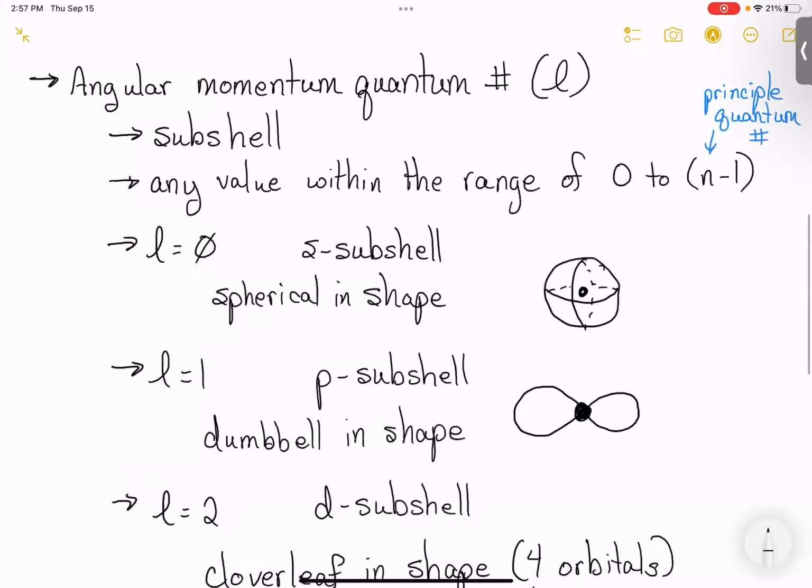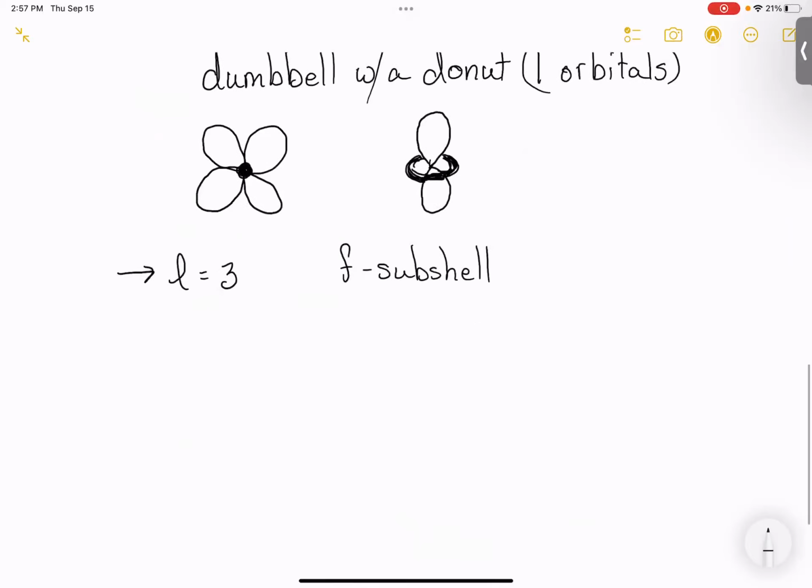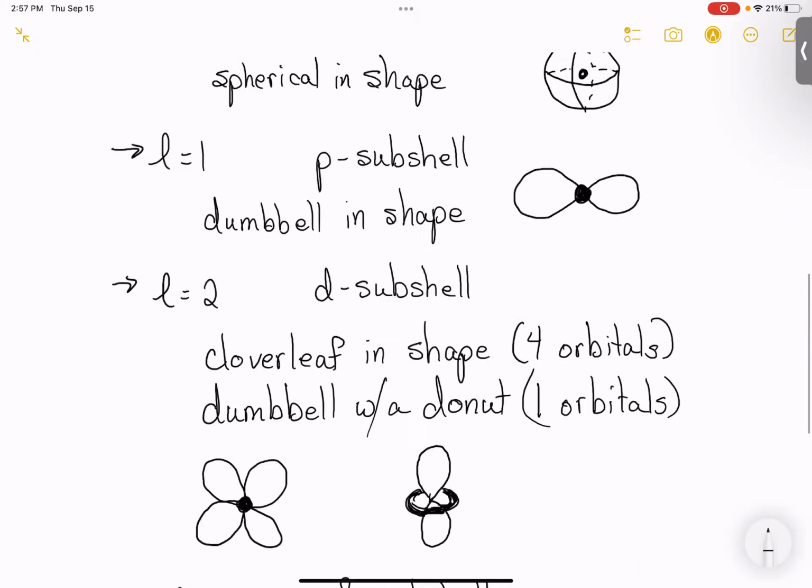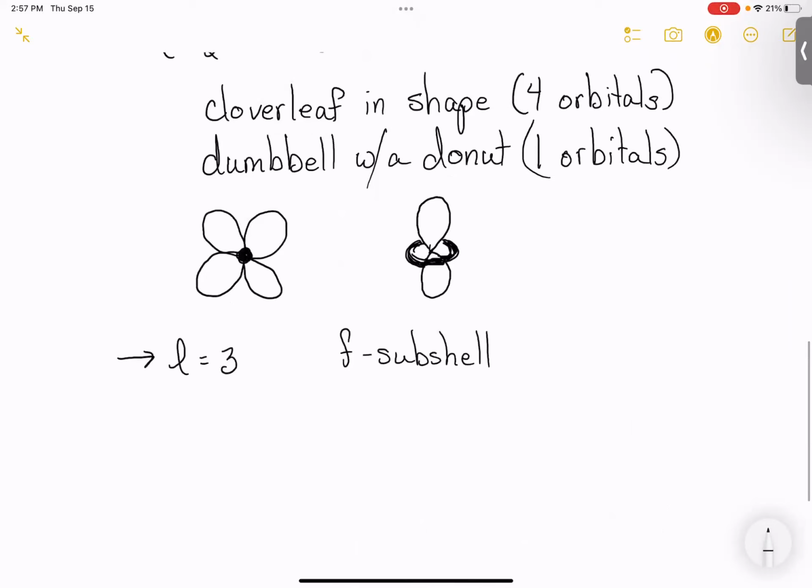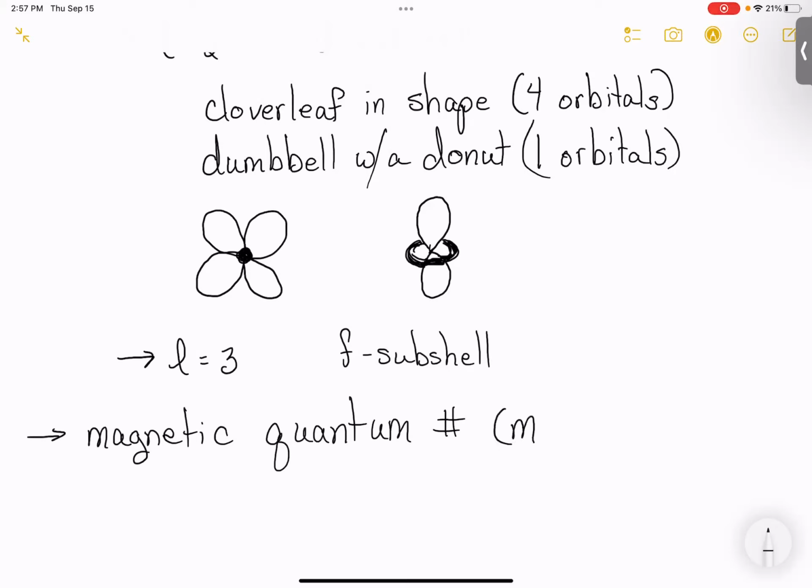So before I get to the picture that shows you all of them, the next thing I want to talk about is going to be the magnetic quantum number. The magnetic quantum number is m sub l.